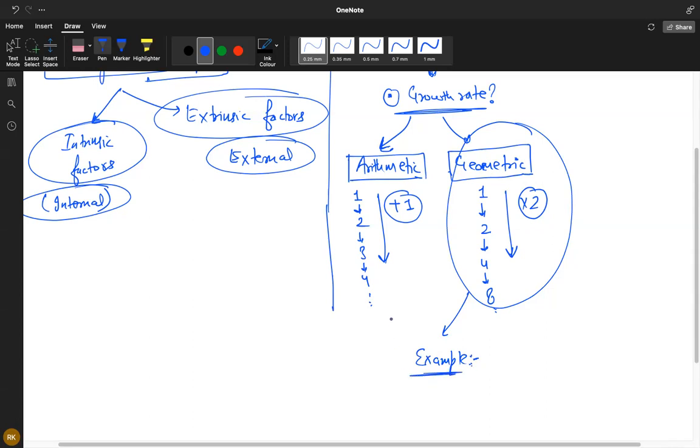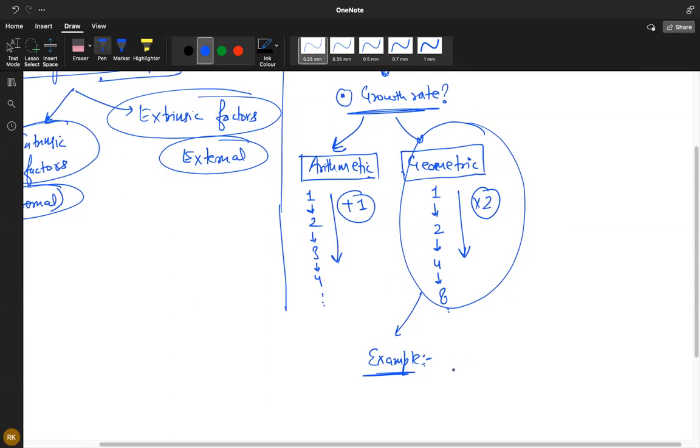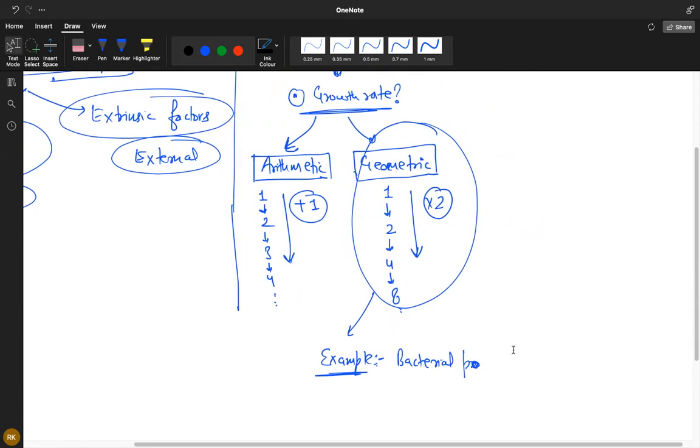A very simple example. You all know it. It is bacterial colony or bacterial population. Okay, bacteria always divide through fission, right? Binary fission.